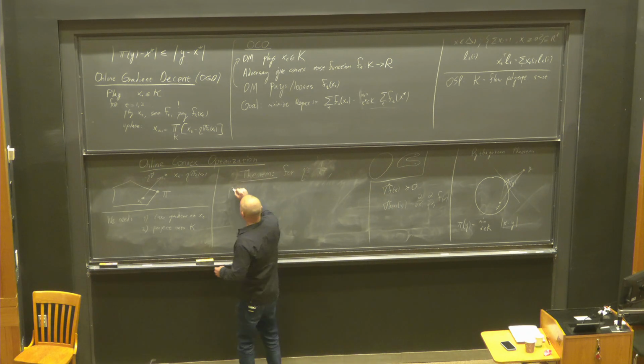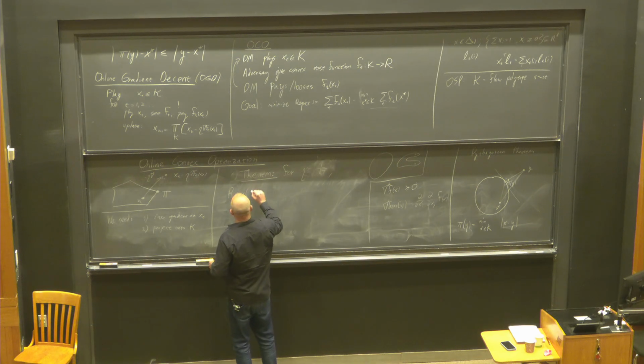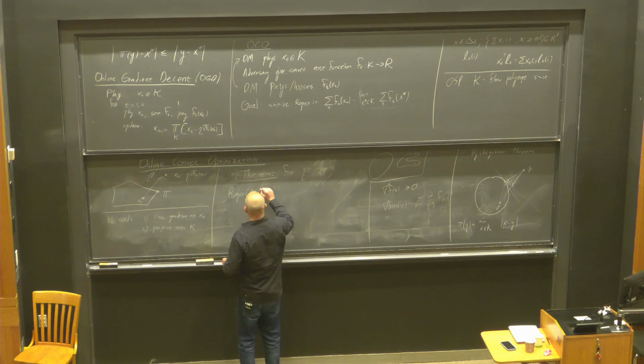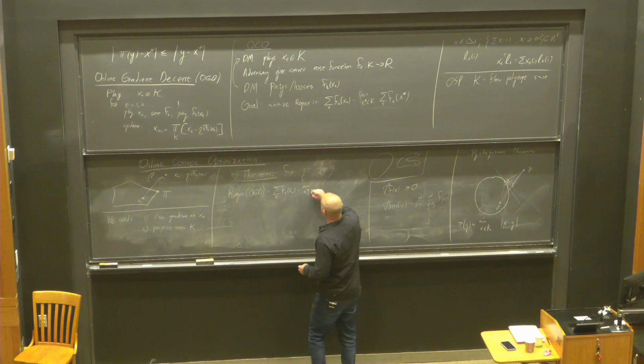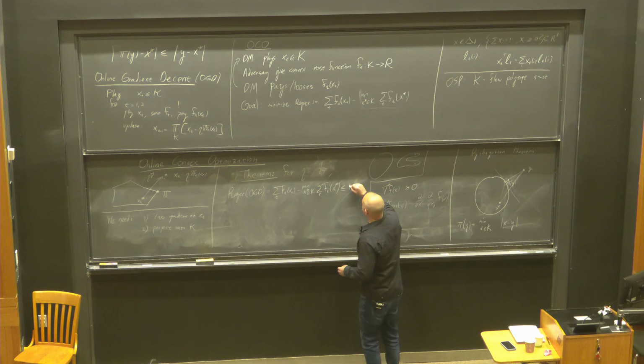The regret of OGD, which I've defined as the summation over t of ft(xt) minus the minimum over x star in K of the summation of ft(x star), is less than DG root t.